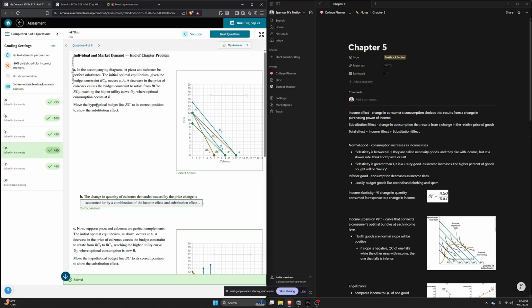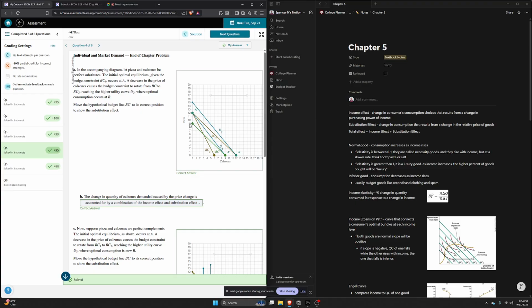Okay, move the hypothetical budget line BC prime, this one, to its correct position to show the substitution effect. So for substitution, number 1, they should be 100% equal, because they're equal in price. So it should be the same at both.